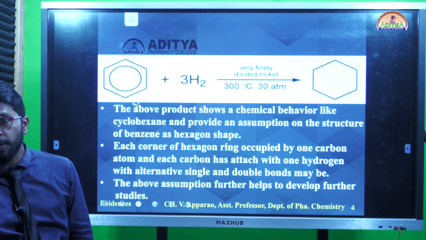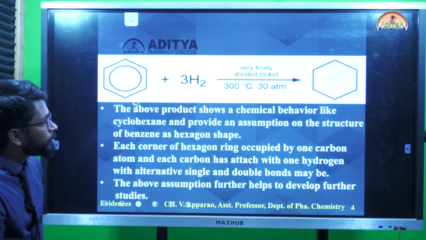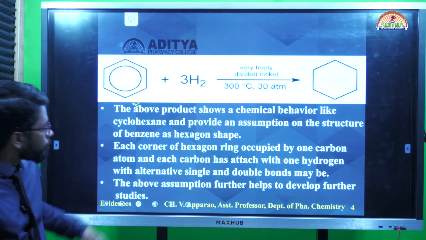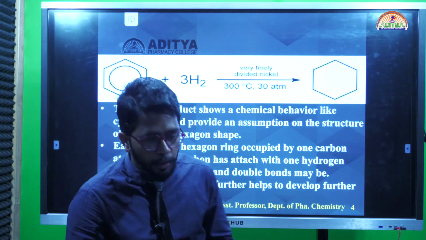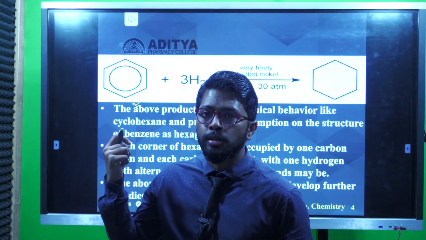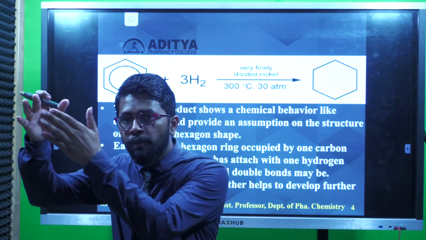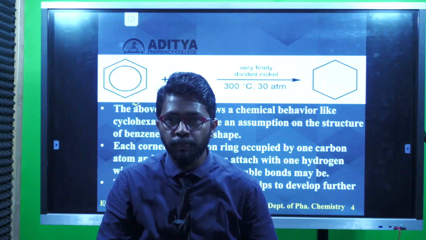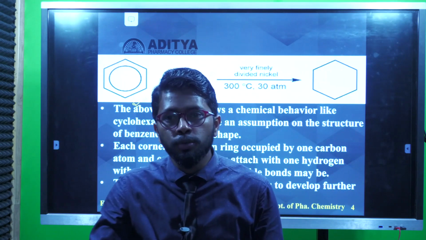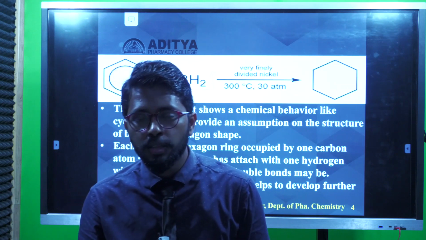It results in the formation of a saturated compound. So until now we observe that for a benzene nucleus, the hydrogenation results in the formation of a saturated compound. All the unsaturation behavior is converted to saturation behavior, and how it leads to further studies we will discuss in the next class. Thank you.